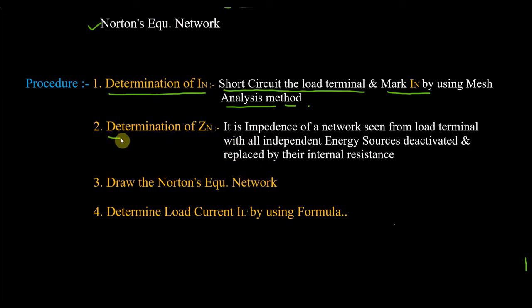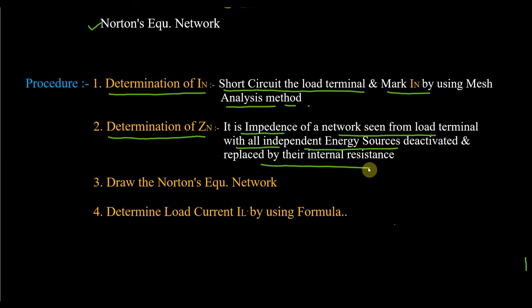Now the second step here is to determine the value of Zn. What is Zn? Zn is actually the impedance of the network seen from the load terminal with all the independent energy sources deactivated or replaced by their internal resistance. So when you have to calculate the value of Zn, what do you have to do?